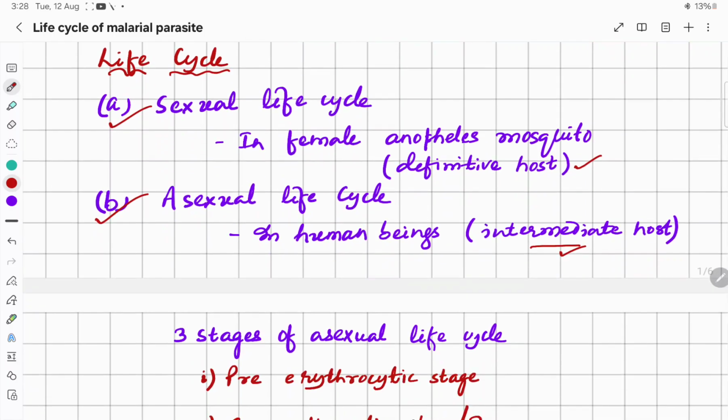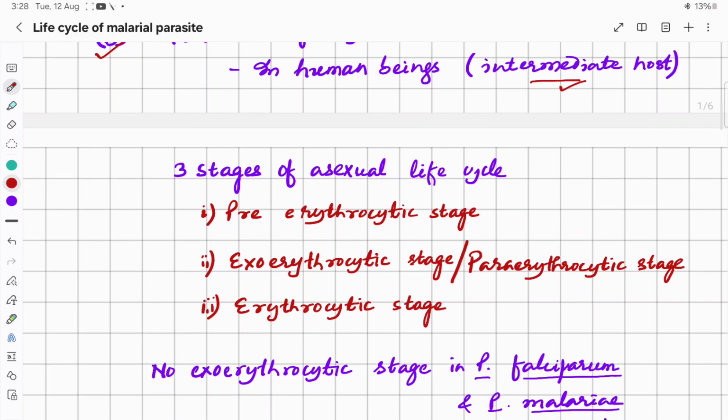Then the asexual life cycle has three stages: pre-erythrocytic stage, exoerythrocytic stage or para-erythrocytic stage, and erythrocytic stage. This exoerythrocytic stage is absent in Plasmodium falciparum and Plasmodium malariae, but in case of Plasmodium vivax and Plasmodium ovale, this is present.